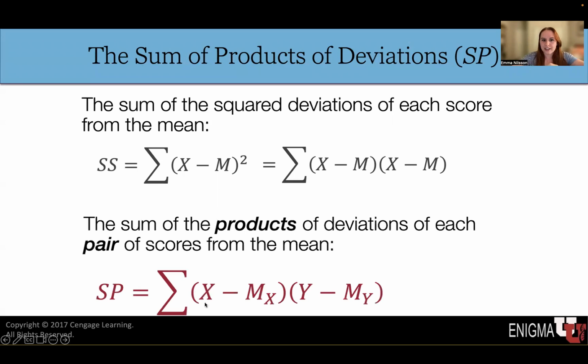We take the deviation of each pair of scores from the mean of its own variable, and then multiply them together. I'll show you what that looks like in a second. This is just to remind you that the sum of the products of deviations is different from the sum of the squared deviations that we've been using in the past.